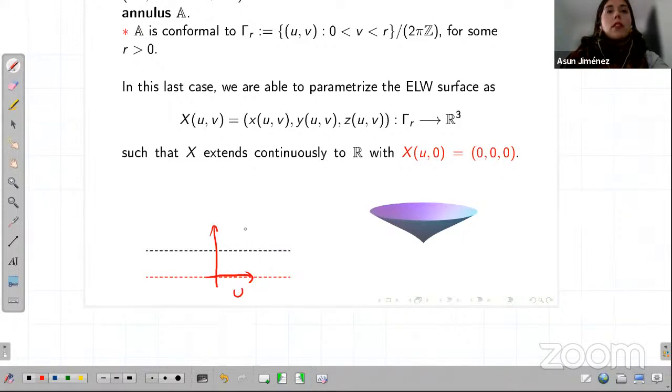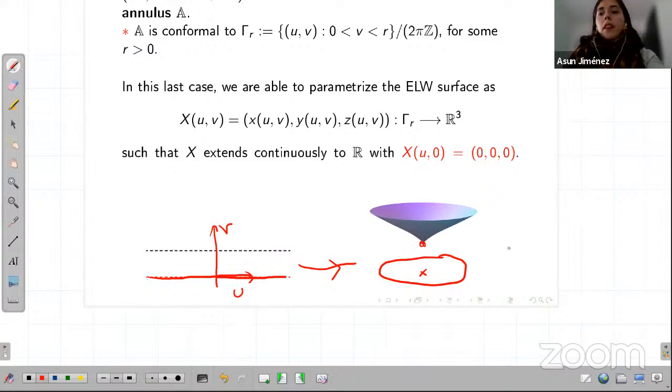U will be the horizontal, V will be the vertical. You have your original domain where the origin is mapped into the singularity, but you are reparametrizing in terms of these new coordinates. Here, the black line corresponds to this boundary, so this black line is not important. The important one is this red line that we call R, the boundary of this strip, which is mapped into the singularity.